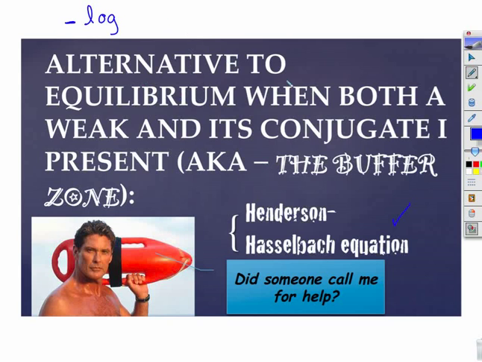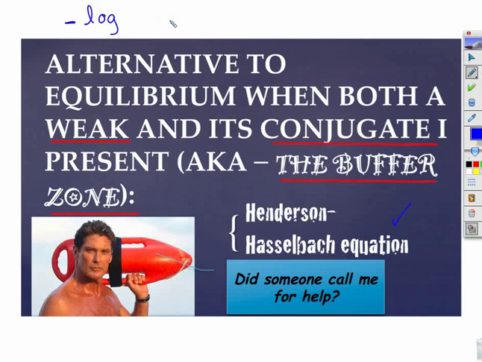And this can be used with only a couple of situations. For one, you have to have a weak and its conjugate present. In other words, we need to be in the buffer zone. Now, there's a form for a weak base and there's a form for a weak acid.